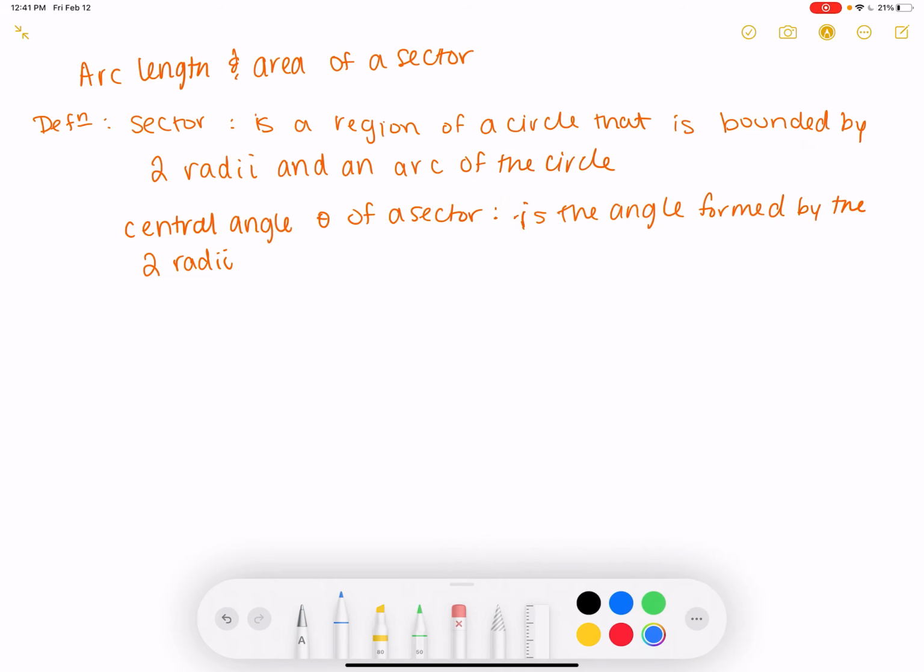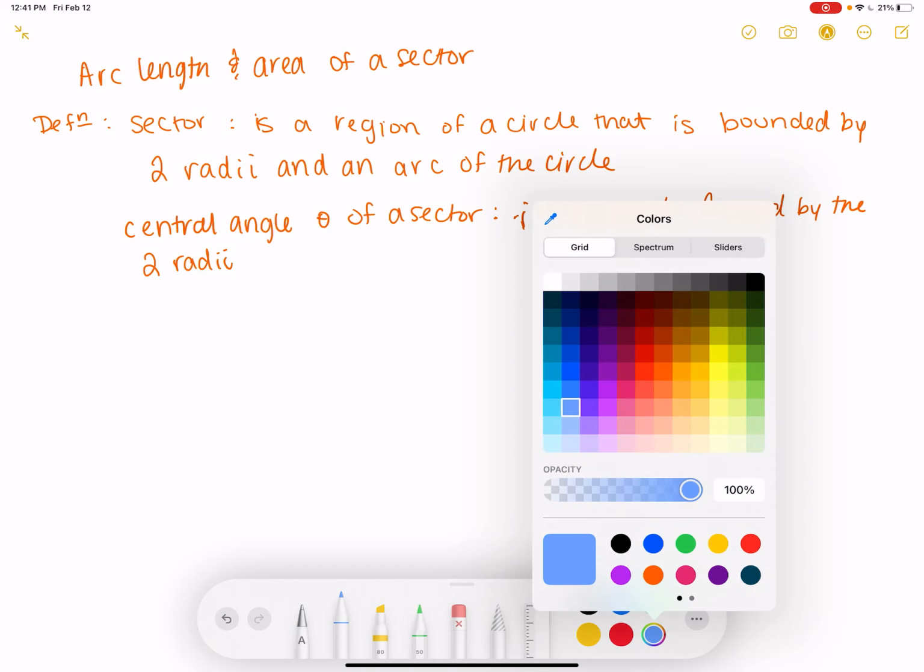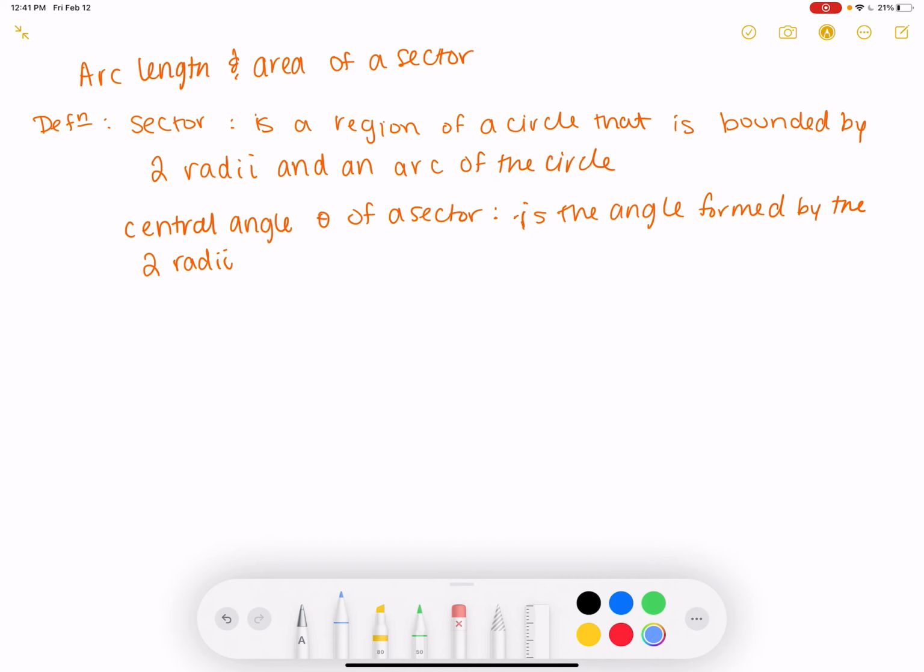That color is almost identical to the one I've been using, isn't it? Just make it more periwinkle.